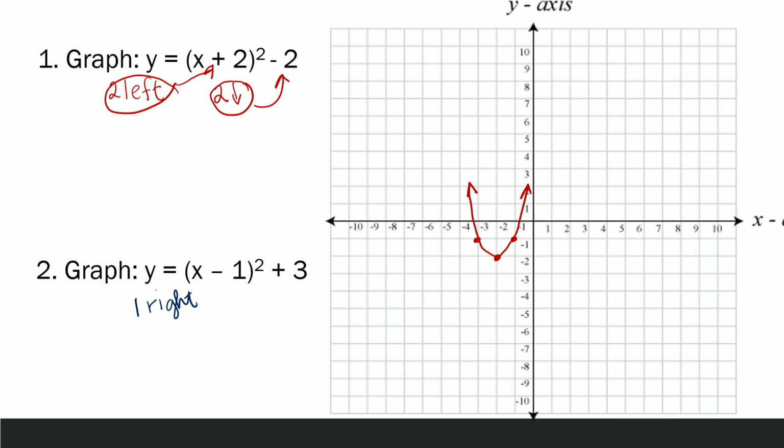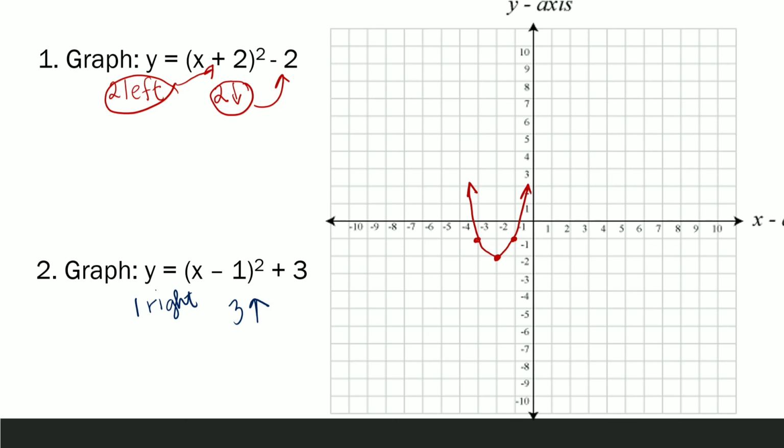And then, this is positive 3 constant here. It means a vertical shift. Tataas siya. Actually, dahil positive, 3 units upward.